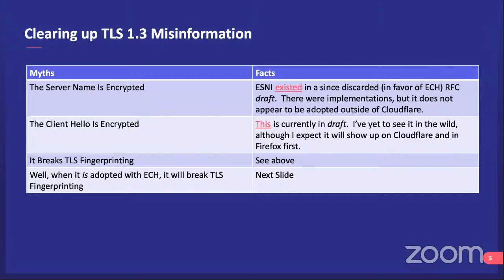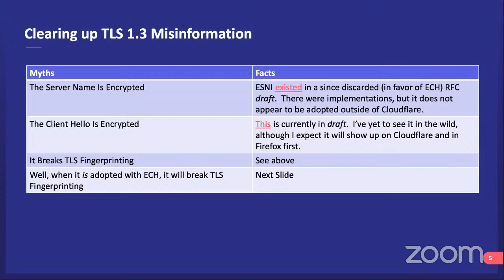It's important to note that Cloudflare is the group that is implementing ESNI and also ECH, which we'll talk about in a second. And ESNI has been seen in the wild, mostly, I believe, with Firefox. I think it's technically possible to turn it on with Chrome, and you might see it in Cloudflare, but it's not very common, but it is happening in the wild.